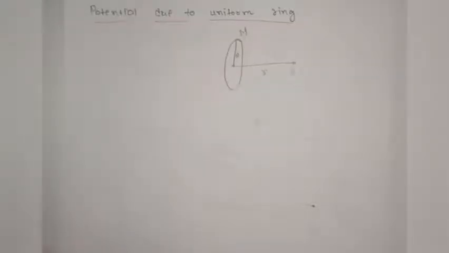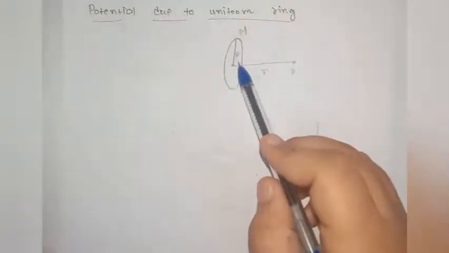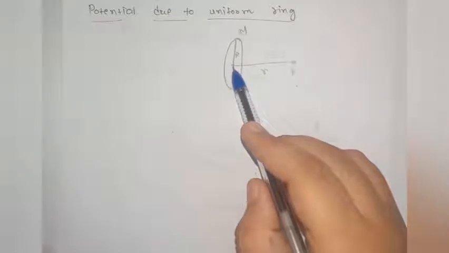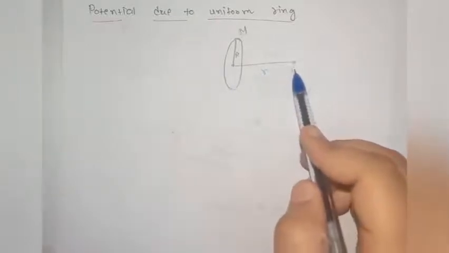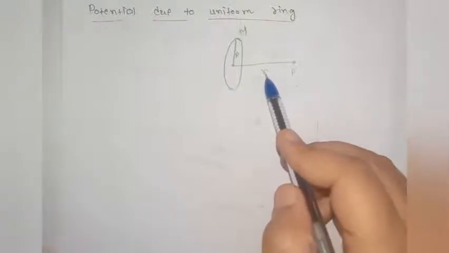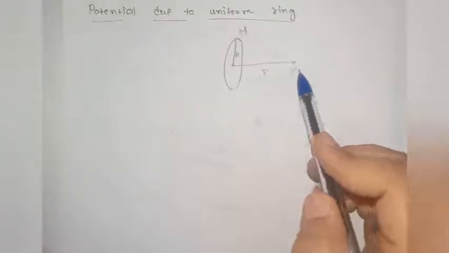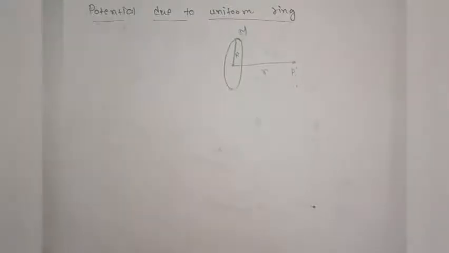Now, let us see the potential due to a uniform ring. A ring of mass m and radius r. The point at which we want to find the gravitational potential is at a distance of x from the center. At this point P, we want to find the potential.